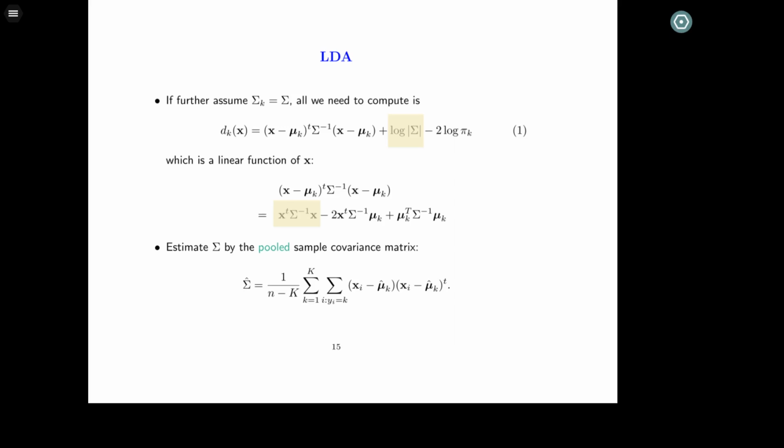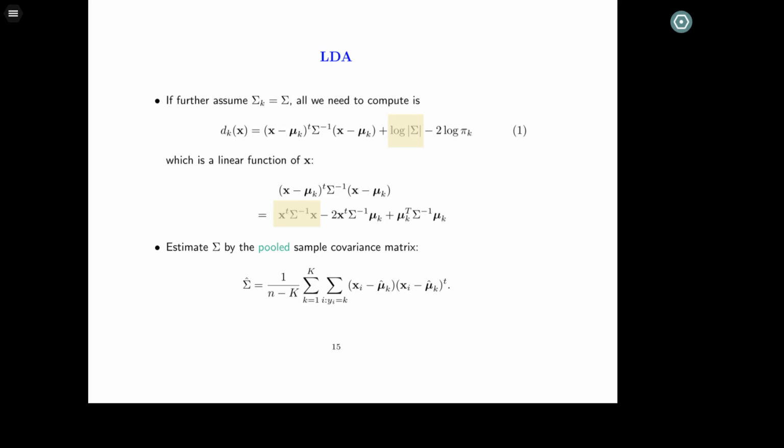And further, we can look at the first term, that quadratic term, and expand it, and you're going to find x transpose sigma inverse x. Again, it is a constant irrelevant to k, so we can drop it. Then you're going to find the decision function is essentially a linear function of x, because x only appears once. So this is why this is known as linear discriminant analysis, LDA.